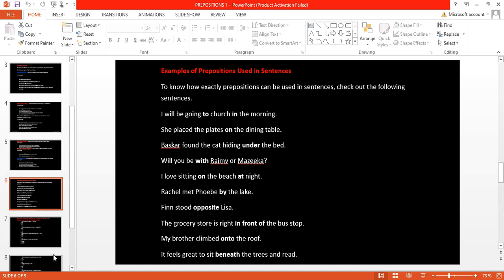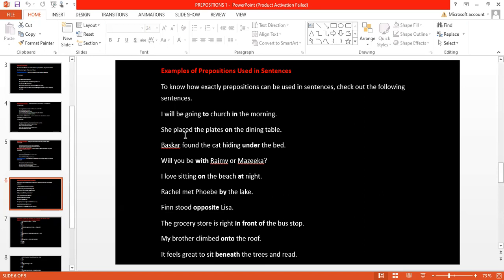Two prepositions in one sentence is allowed as far as you place them in the right position. I will be going to church in the evening. I can't say I'll be going to church on the evening. So you can see in and to.